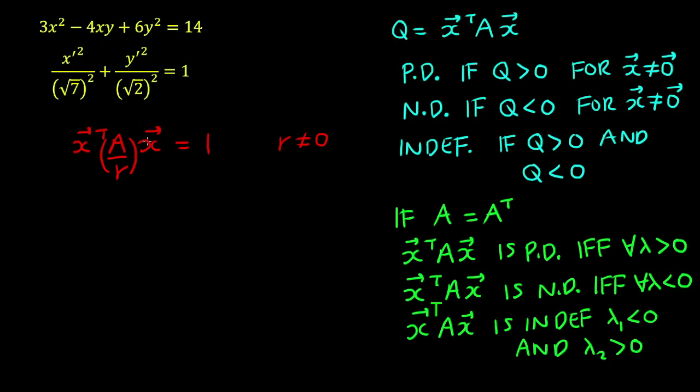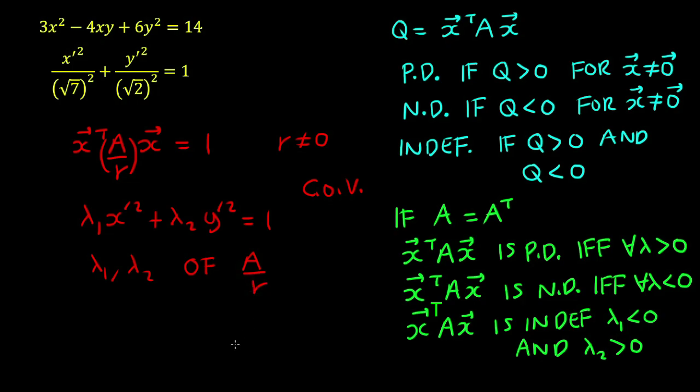And if there were any cross terms in this quadratic form, we'd do a change of variable to eliminate them and obtain the following equation, with the first eigenvalue by x dash squared plus the second eigenvalue by y dash squared is equal to 1. So in this case, the eigenvalues 1 and 2 are the eigenvalues of the matrix A divided by the constant r.